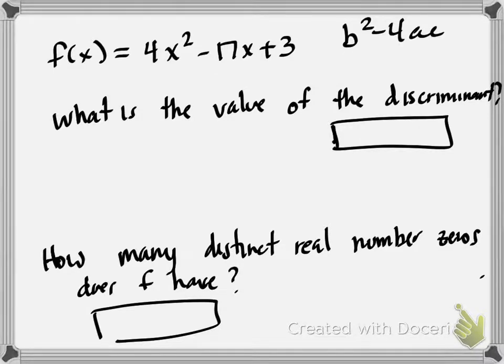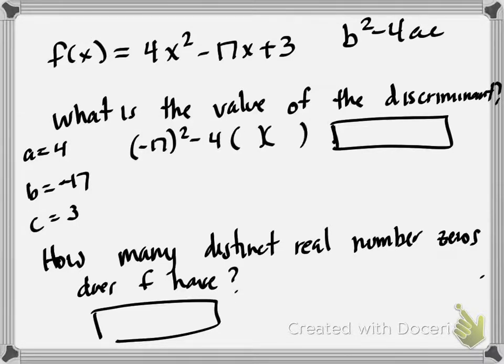For instance, on this one, a is 4, b is negative 17, and c is 3. If we type this in, we get negative 17 squared minus 4 times a times c. A was 4, c was 3.